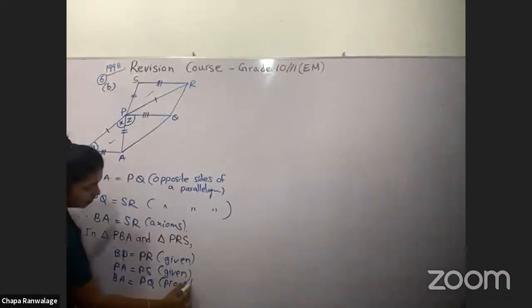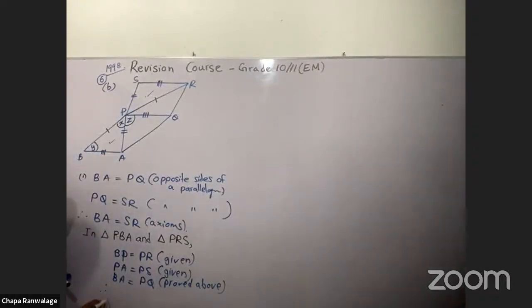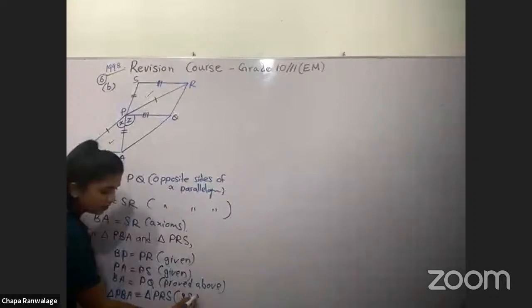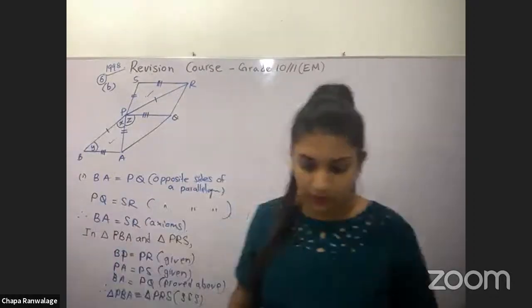Here we proved it, proved above. Therefore, triangle PBA is congruent with triangle PRS under the case SSS. Got it? Under the case SSS.